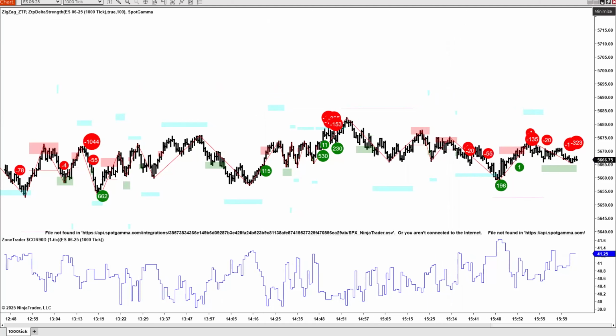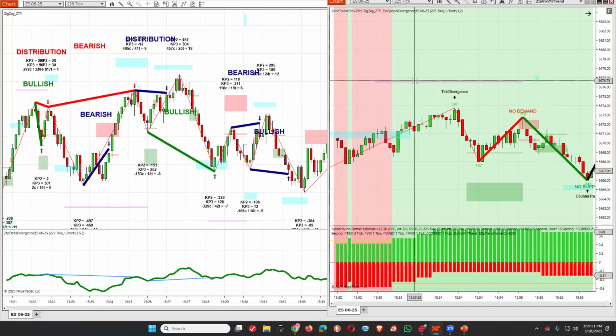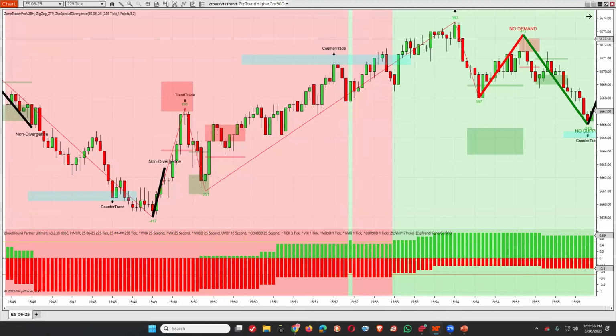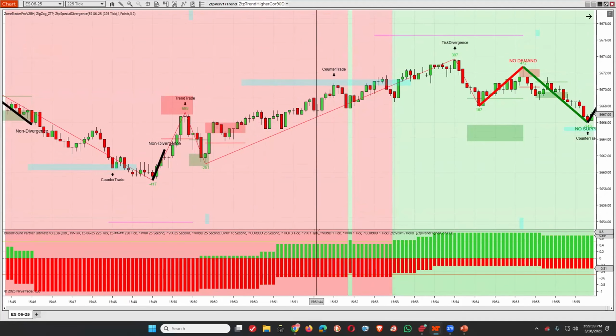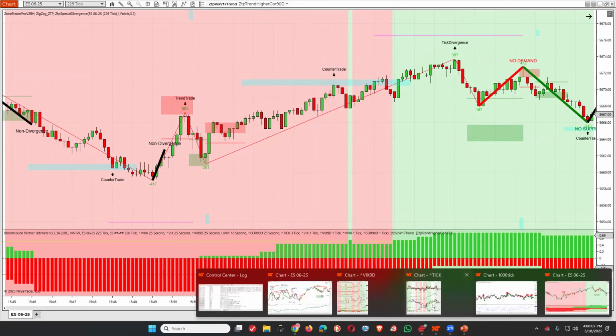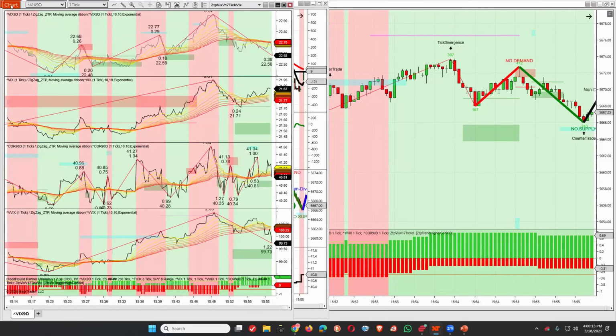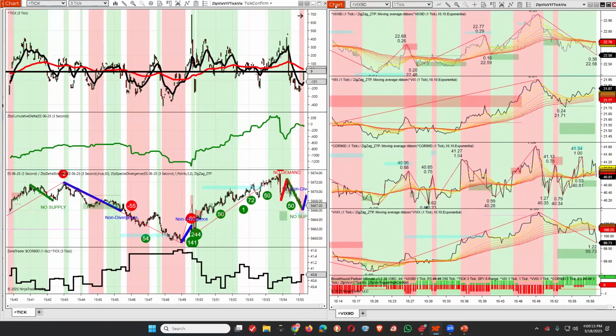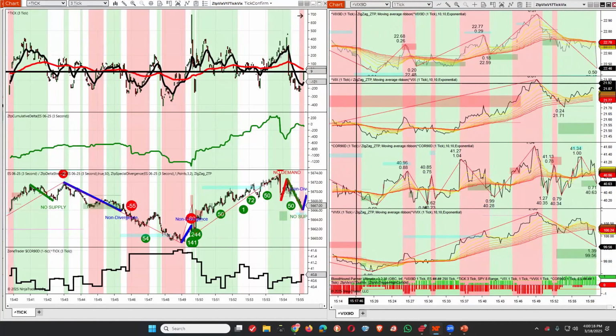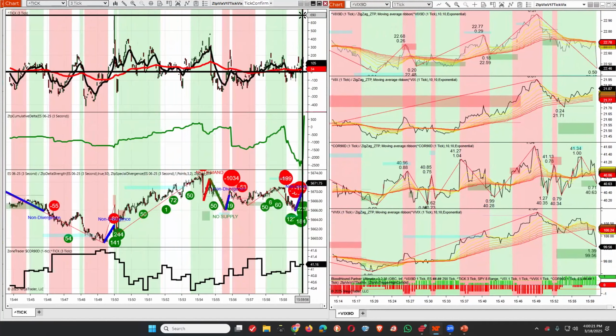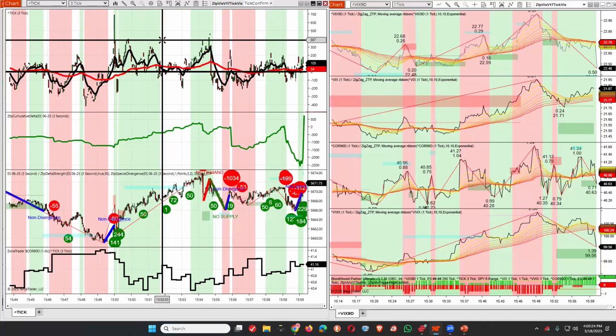I understand the nice clean white chart, but what I like to do is put a lot of information in front of my eye because I only have two screens. I trade with just two screens. So that's why, when we see this tick chart and this VIX chart, these really have all the information I need, all compacted into two little charts.